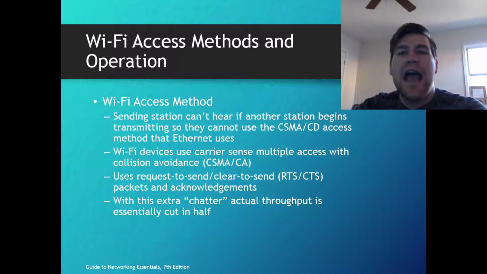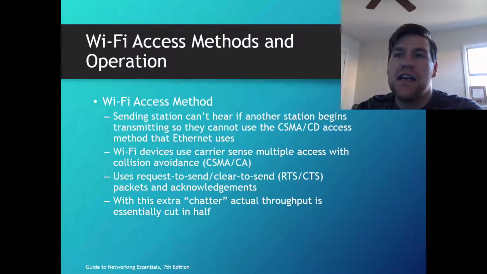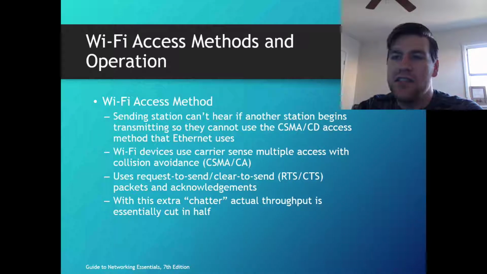Okay, so the Wi-Fi access method. We've talked about media access method. The media access method for Ethernet is known as CSMA-CD, carrier sense multiple access collision detection. But of course, you can't really detect a collision.